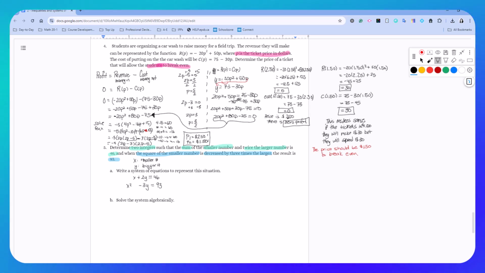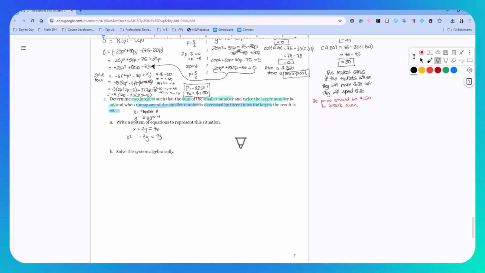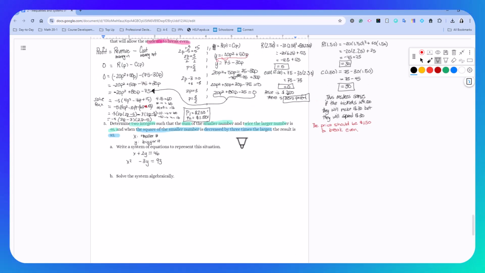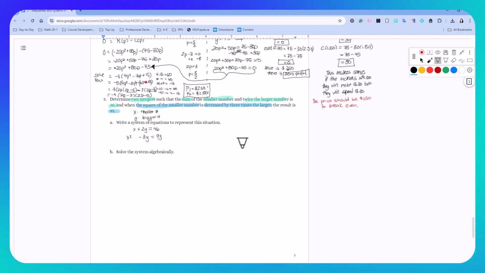So now let's solve these things. Well, the first thing we want to do is we want to line these things up. We want to make the x squared equal in one line, the x's and the y. So let's go ahead and make x plus 2y equal 46.